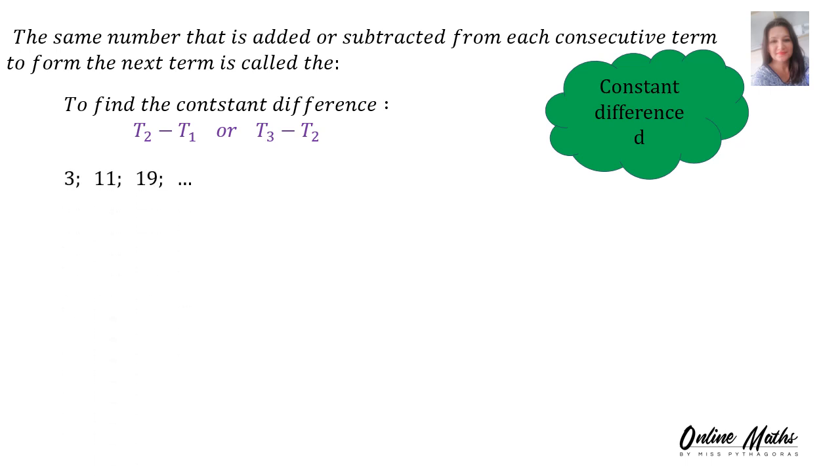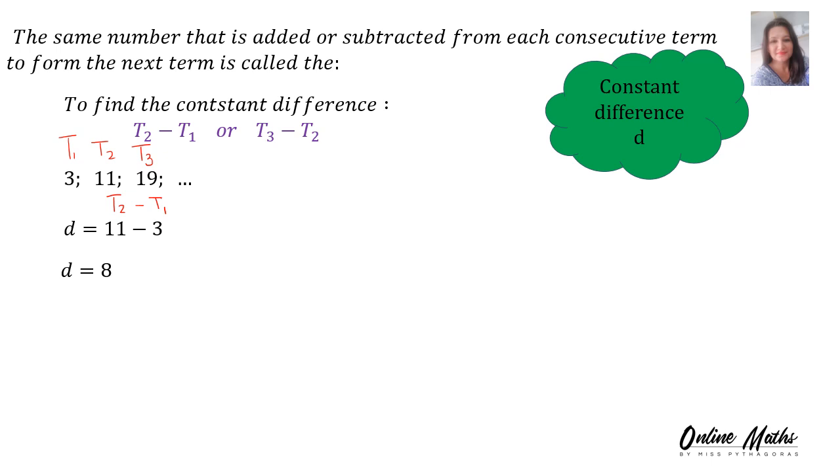When I give you the sequence 3, 11, 19, let me show you. 3 is term 1, 11 is term 2, 19 is term 3. Then, to work out the constant difference, the formula is term 2 minus term 1, which is 11 minus 3, which is 8.